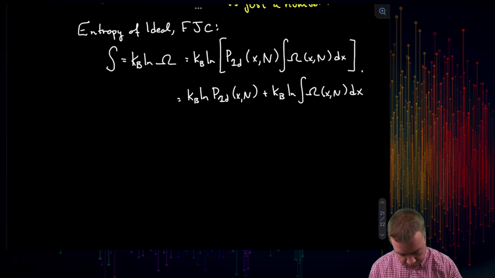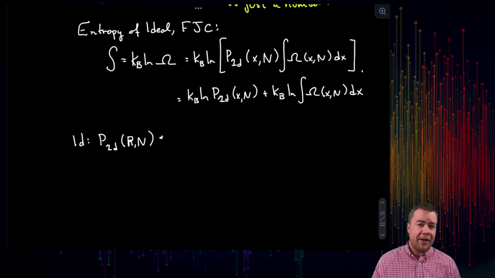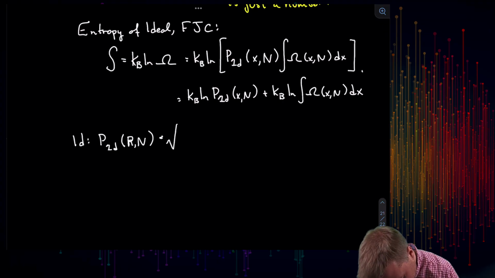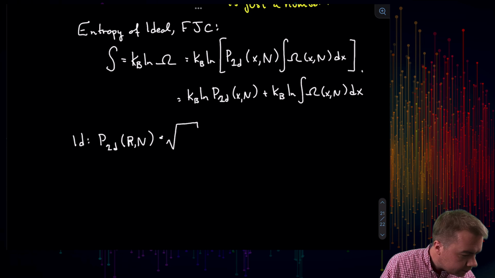So in one dimension for a large number of steps, that probability function, P1D, let me change the terminology here. We'll call this capital R in N. So in one dimension, the probability of ending up at position R after N steps is going to be that thing that we already calculated, right? We get square root of, let me make sure I get this right.